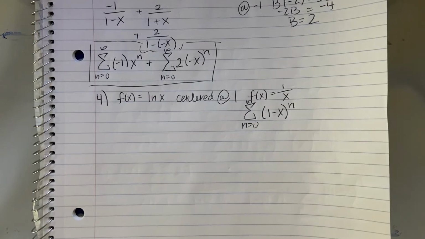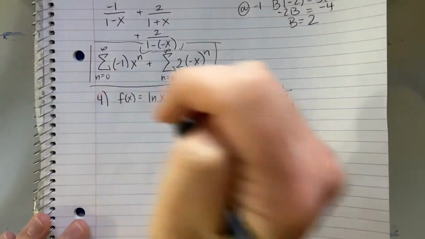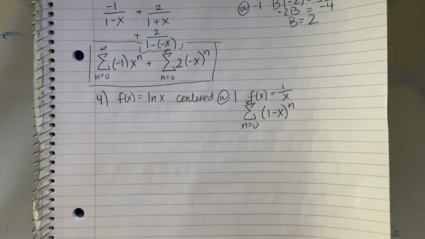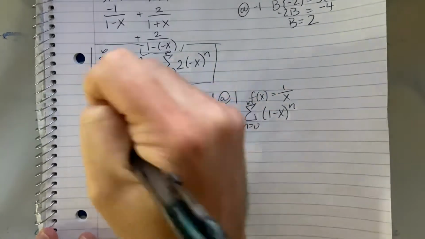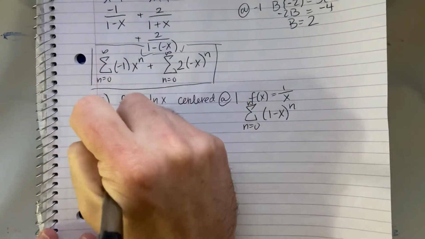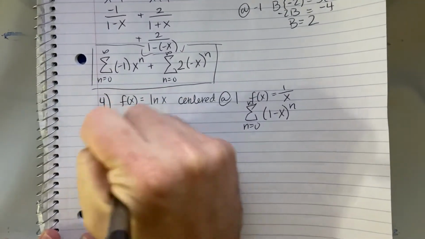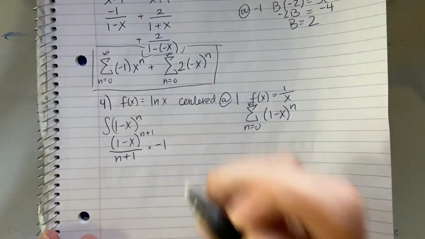Okay, so how does ln x compare to 1 over x? It is the integral. So I should be able to integrate this, because it's just a polynomial with a bunch of x's. I should be able to integrate each of these terms. So what is the integral of 1 minus x to the n? That'd be 1 minus x to the n plus 1 over n plus 1, really times the chain rule, negative 1.